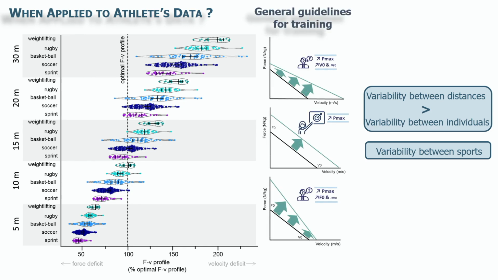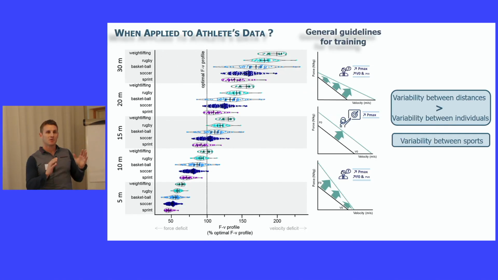So from that, we can have some general principles for training. In fact, if you train someone, whatever the athlete, whatever the sport, for 5 or 10-meter sprints, I think you can train F0, because everybody, except some guys, presents a force deficit.